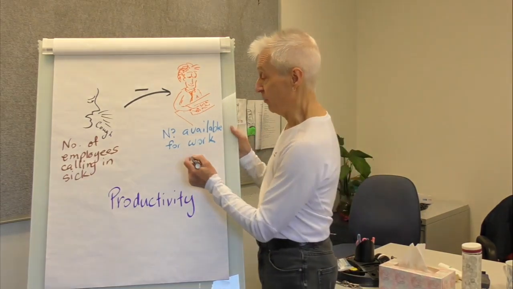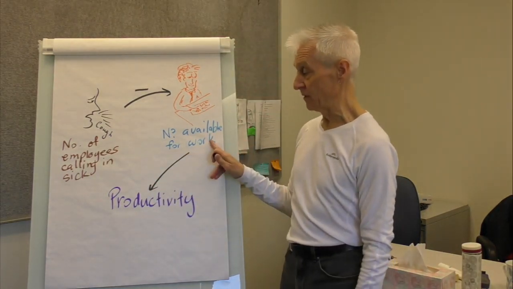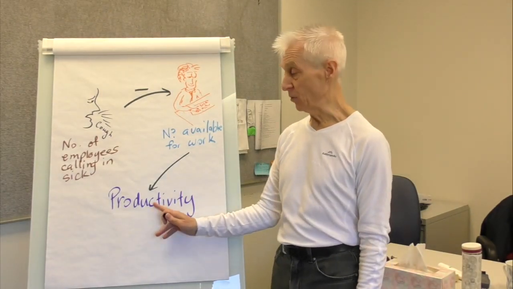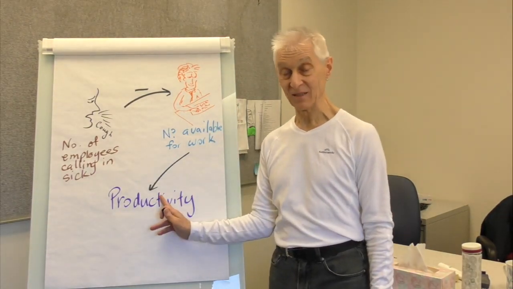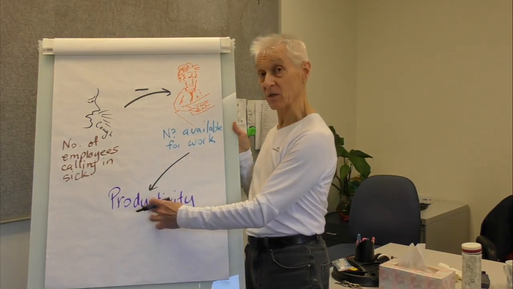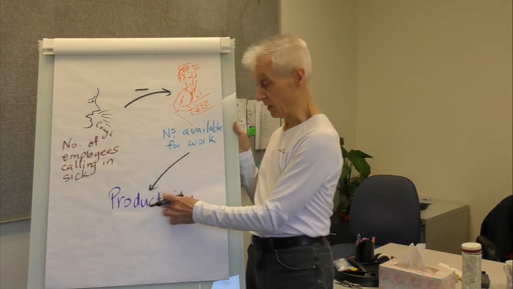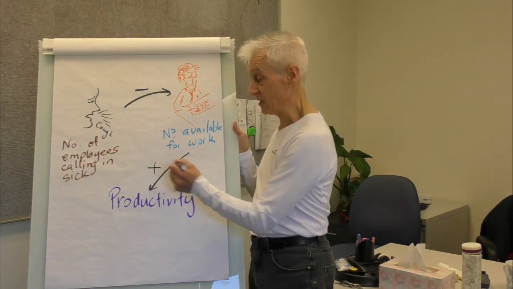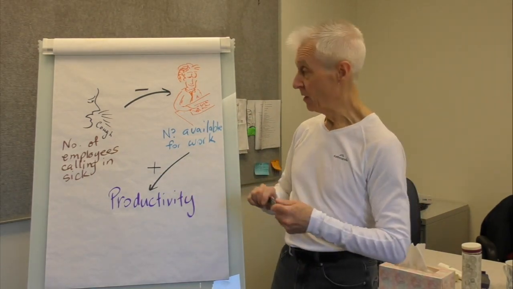The more people available for work, the greater the productivity is likely to be. So if we increase this, we'd expect to increase this. If we decrease this, we'd expect to decrease this. So this is a same relationship. We could use an S, or as you'll probably see more often, the plus sign.